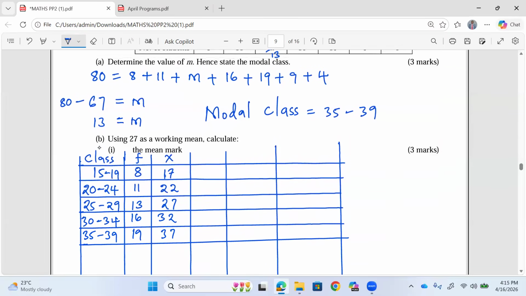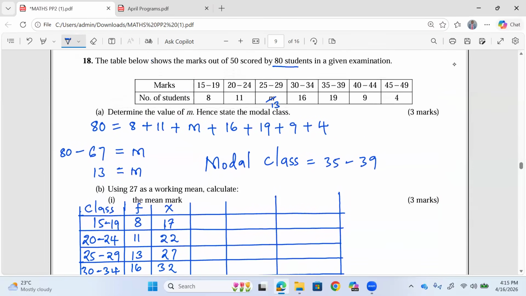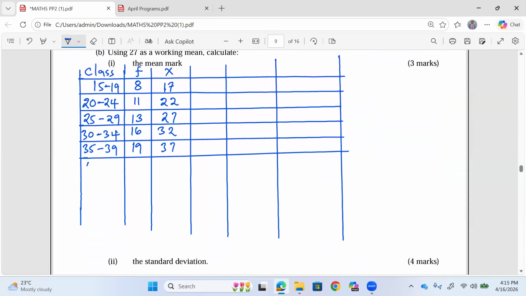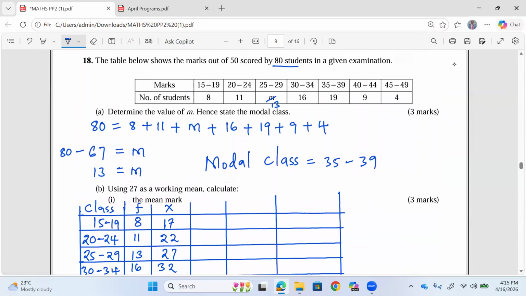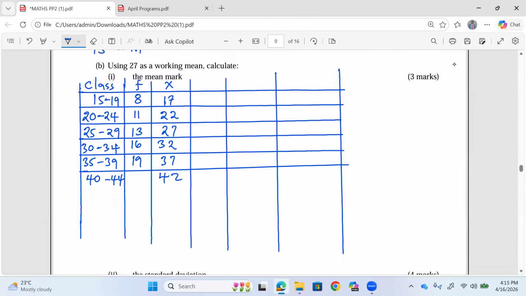After 35 to 39, we can talk of 40 to 44. Mid shall be 42. Then 9 is the frequency. Finally, we have a frequency of 4.